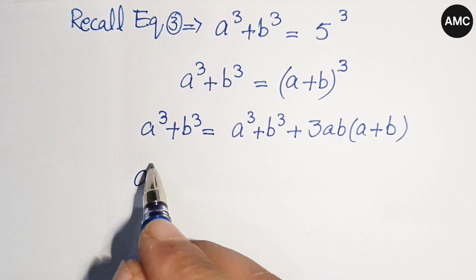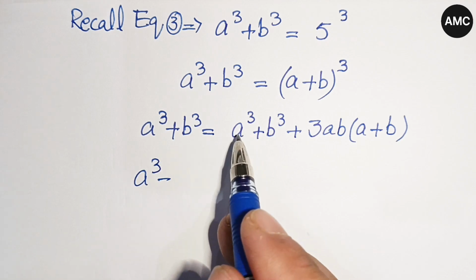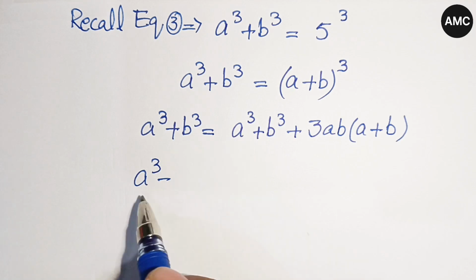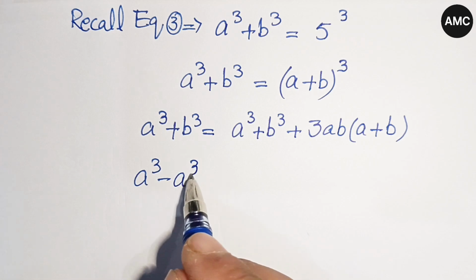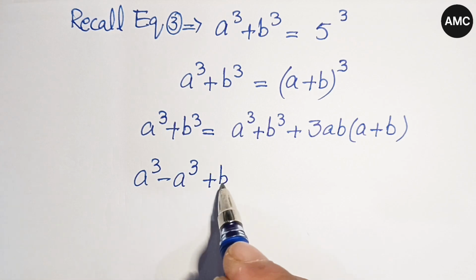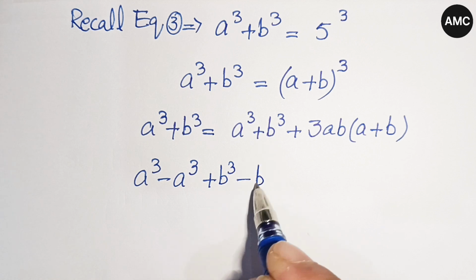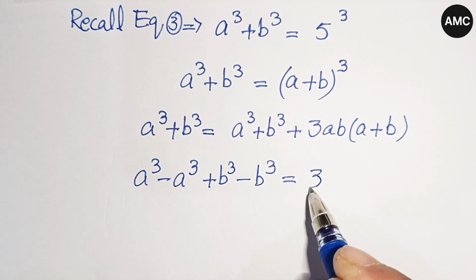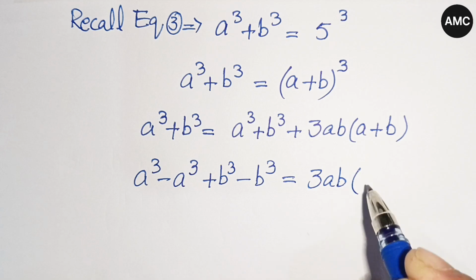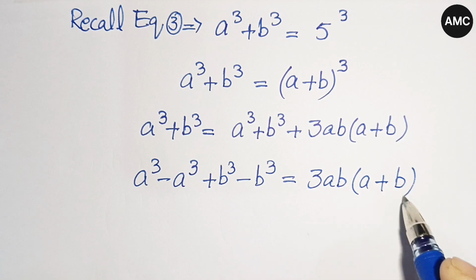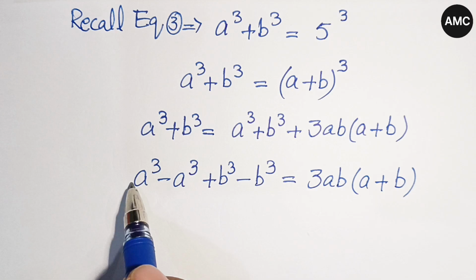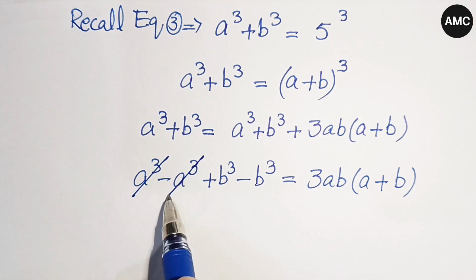So if we just shift this plus a cube to our left hand side, it will be minus a cube, and here plus b cube, and it will be minus b cubed, which is equal to 3 times a times b times a plus b. Here positive a cube and negative a cubed cancel. Similarly b cubed minus b cubed cancels.